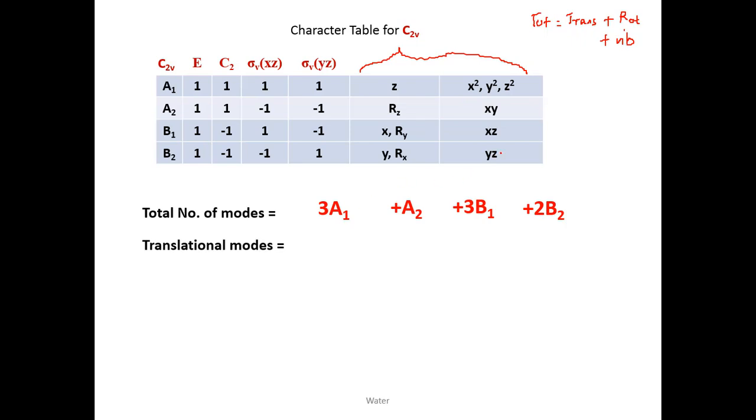Translation modes are given by the symbols x, y and z, the Cartesian terms in the character table. Wherever you find x, y, z, that corresponds to Cartesian coordinates. Here you will find z, x and y, and opposite z you find A1.